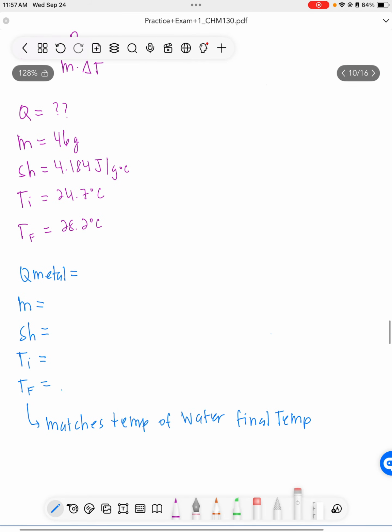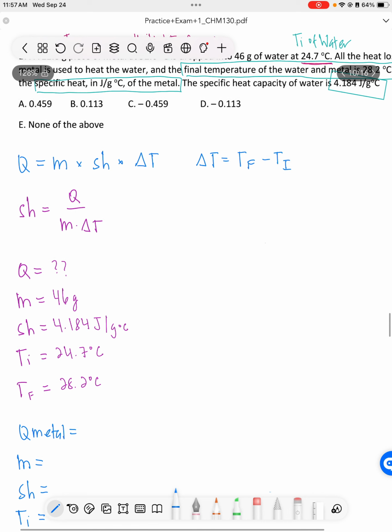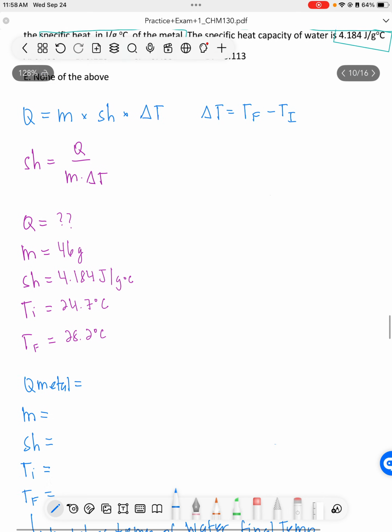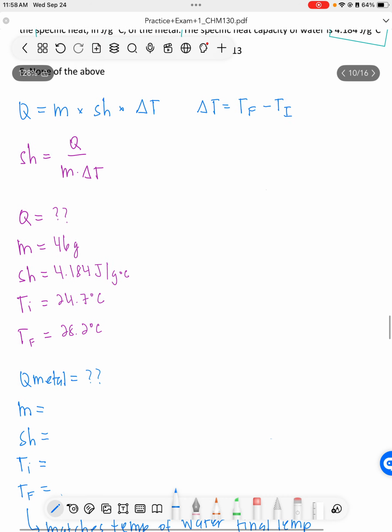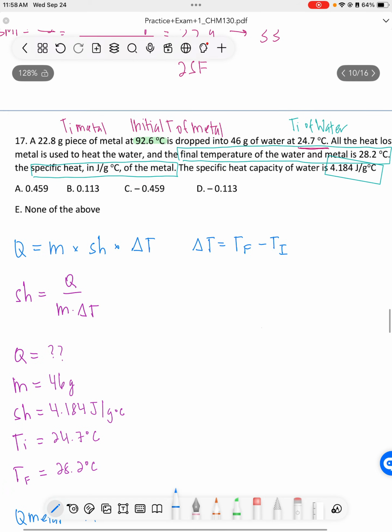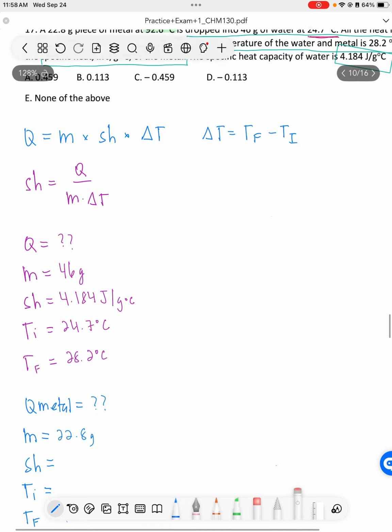All right, so let's talk about Q metal. We don't know the Q of metal. We don't know how much heat it put out, and so we're just going to put a question mark there. We know the mass of the metal, and the mass of the metal was 22.8 grams. Remember, we saw it up here, right here. We also had our initial temperature, which was 92.6, and our final temperature, which is the same as water, 28.2.